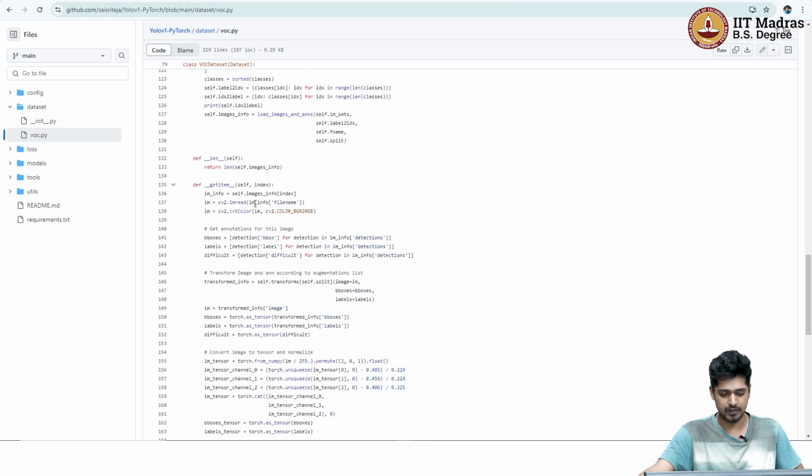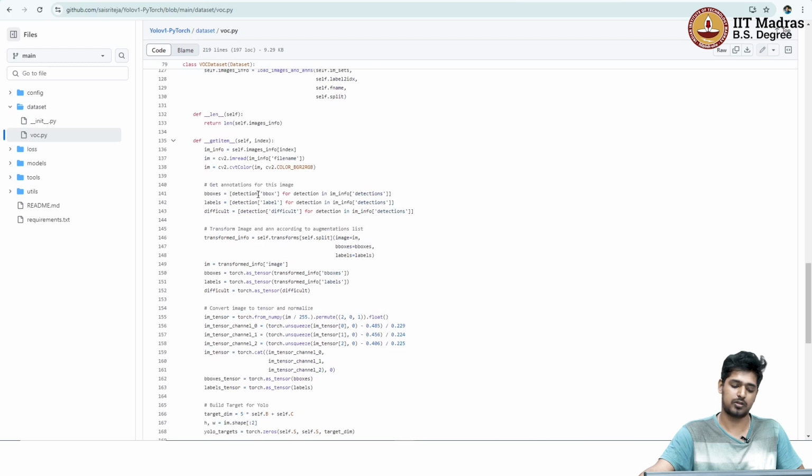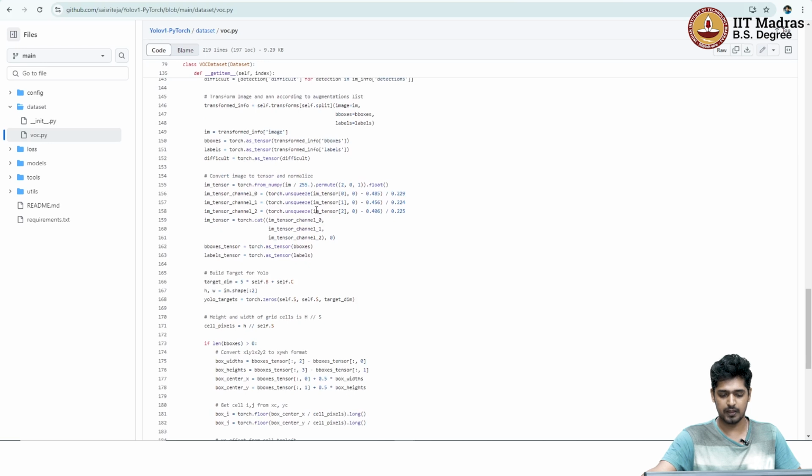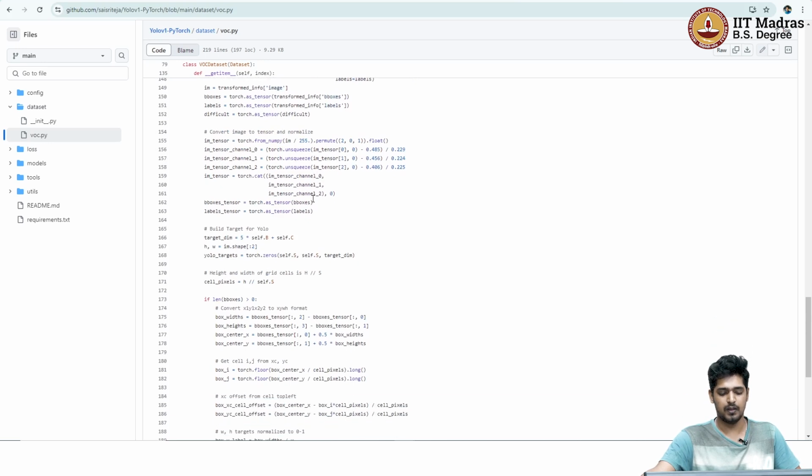I'm basically reading the image, getting the box information and the label information as well, which is very crucial here for us. And then I'm doing transformations on the images, so I can resize them properly and add the necessary augmentation that I wanted to do. And then further I'm normalizing it to make sure that the model can converge at a quicker pace.